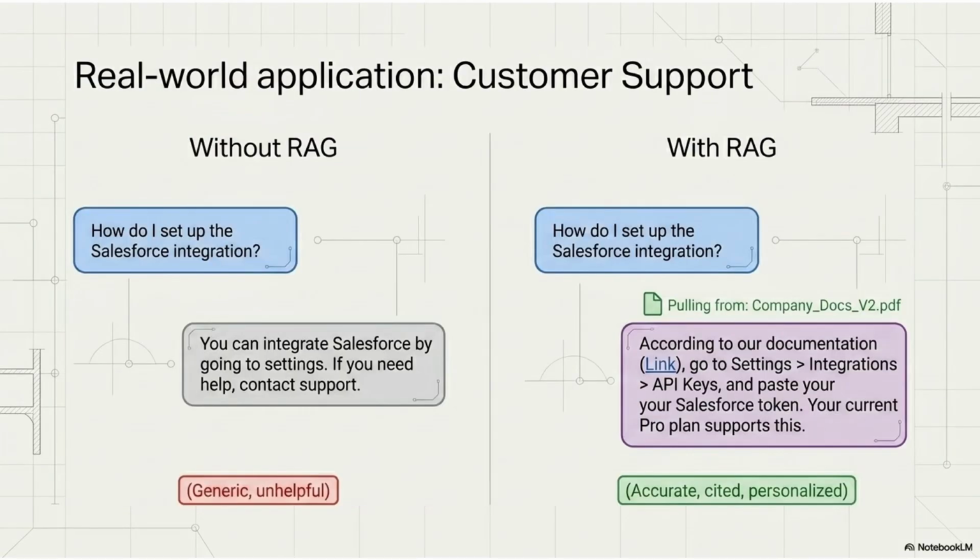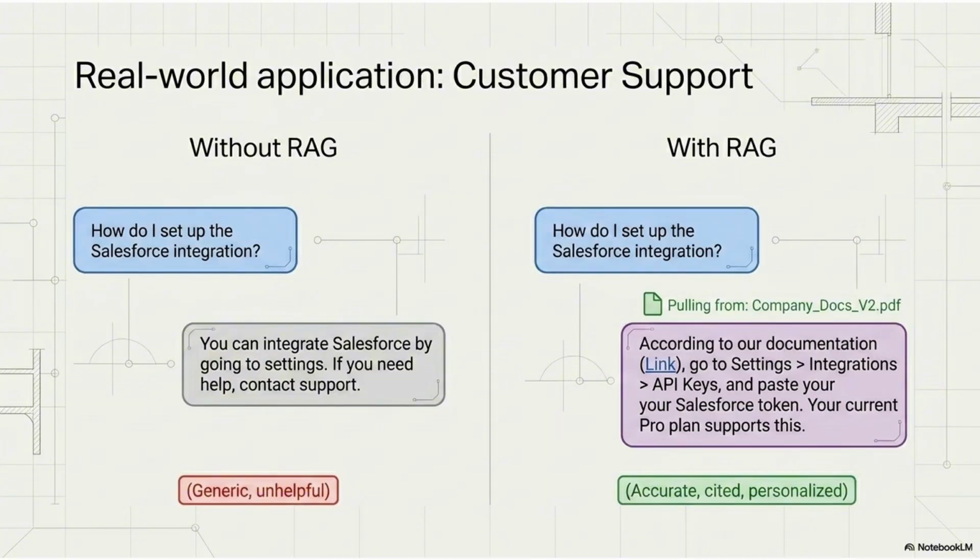Now let's see how this works in reality with a real example of customer support. On one side, without RAG, when a user asks the model, how do I set up the Salesforce integration? The model gives a very generic and unhelpful answer: you can integrate Salesforce by going into settings, and if you need help, contact support. Very unhelpful.